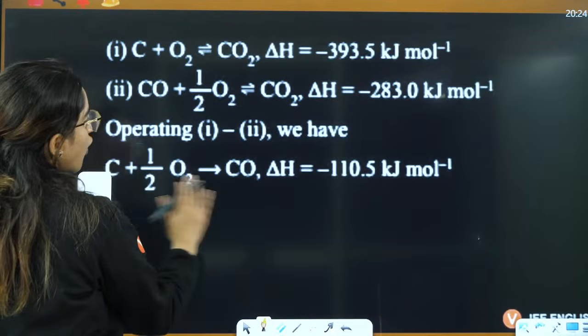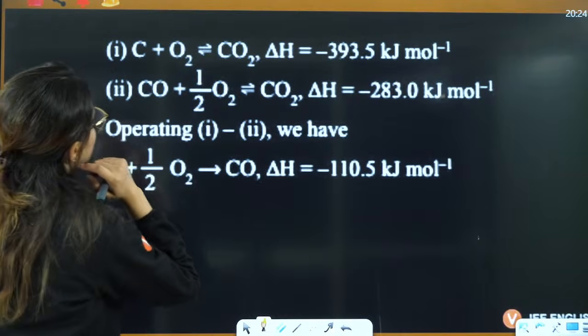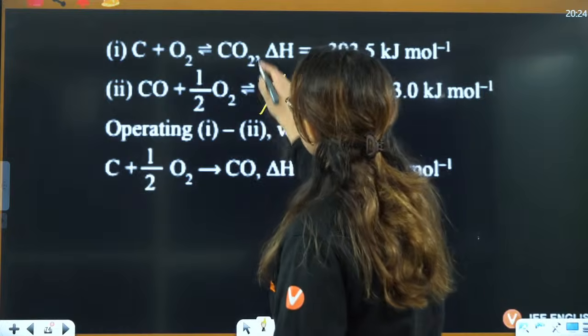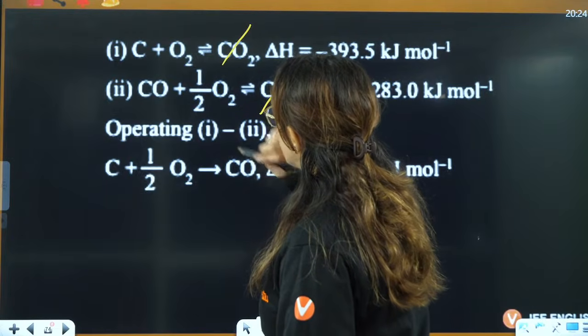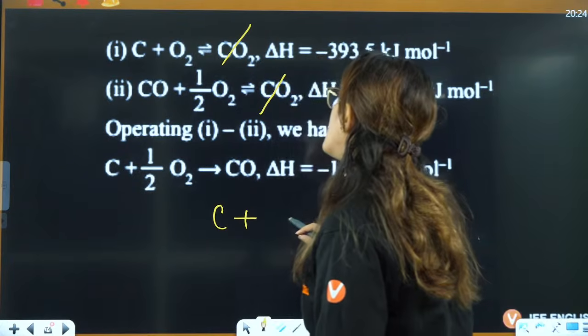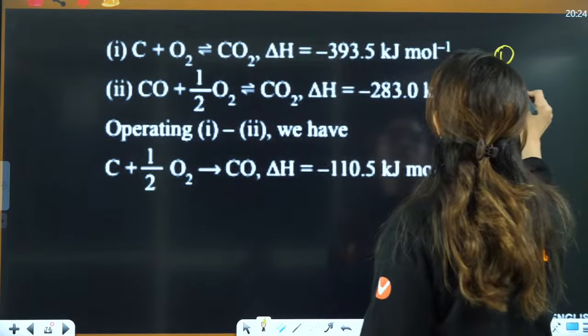Now how do you solve it here? If I add these two equations, CO2 will be cancelled, right? This will become C plus... no, if I subtract these two, let's say this is the first, this is the second.